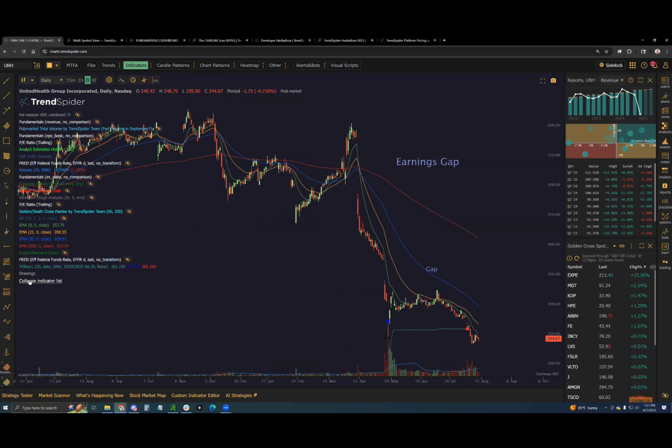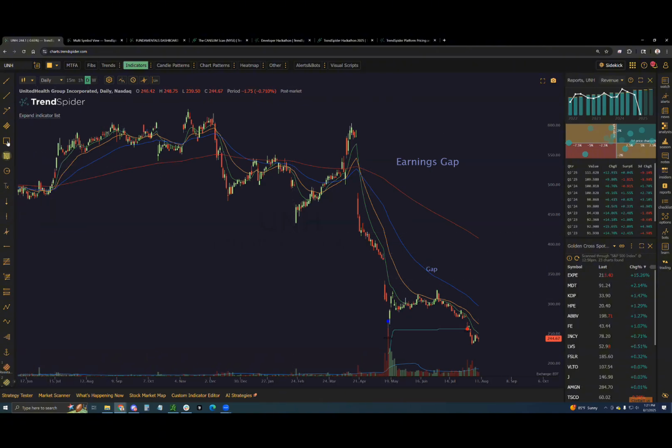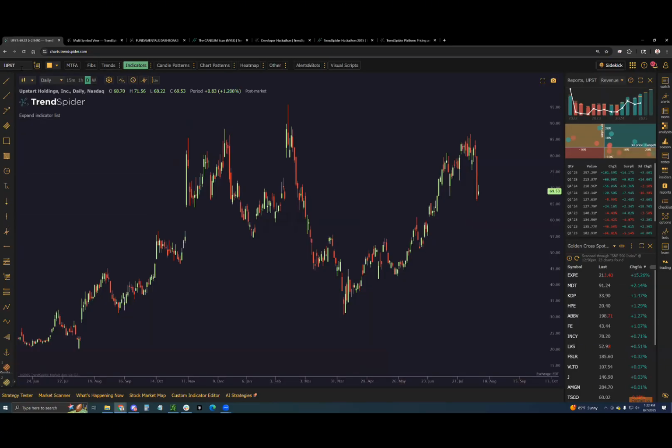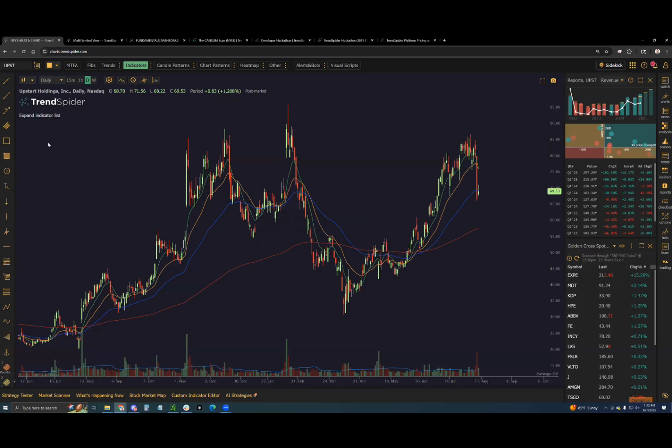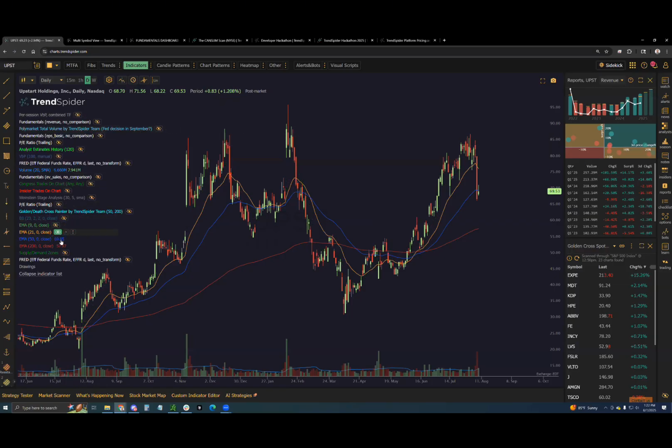Do we have any other questions? Just one example. I know you know how to draw the fibs. Let's say you went to the UPST Upstart chart and you want to draw the fibs, and I want to compare it to the actual indicator. Yeah, let's see. So I'll draw it first.